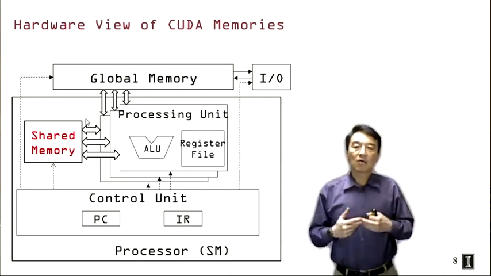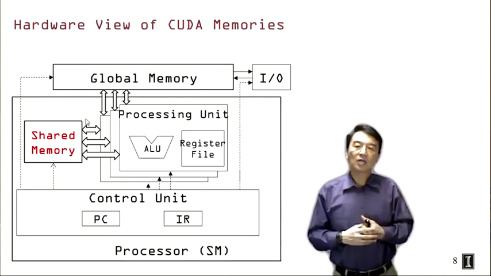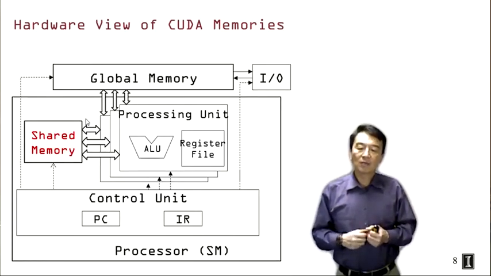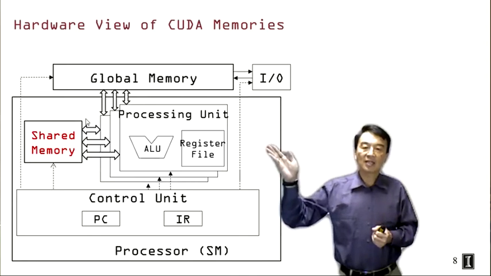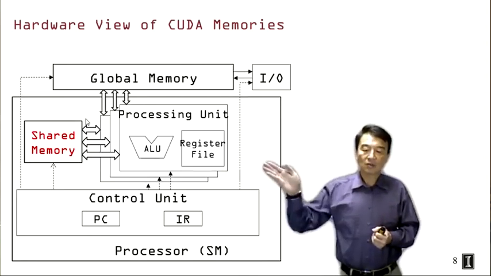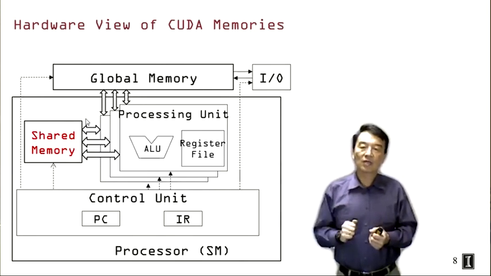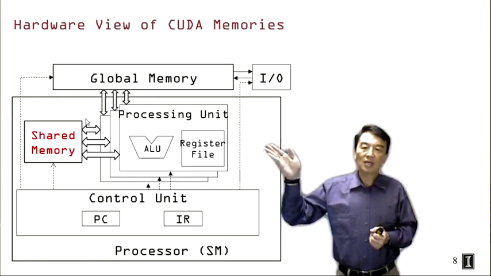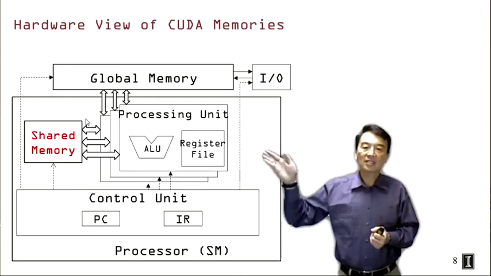So when we look at the hardware of a GPU for CUDA, we can easily extend the SIMD hardware picture with shared memory. Recall that in a CUDA GPU, we have these processing units that are executing in SIMD mode.